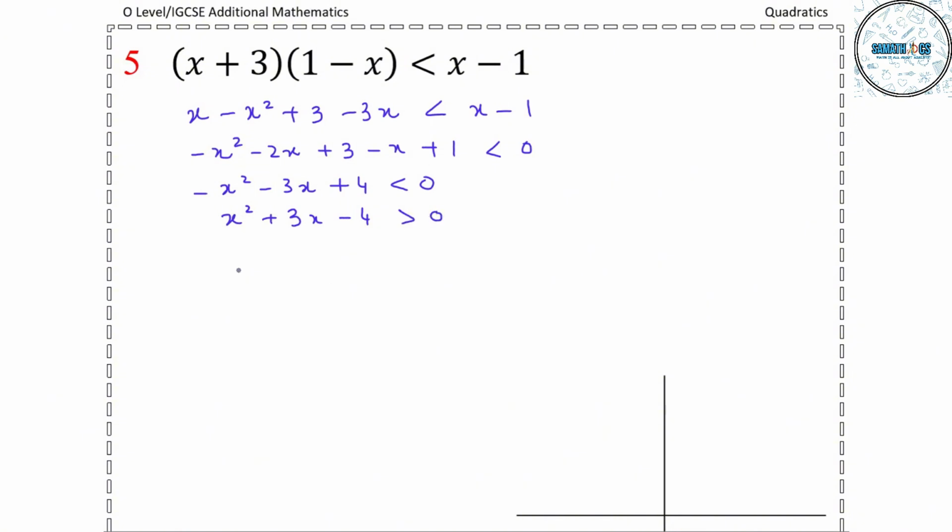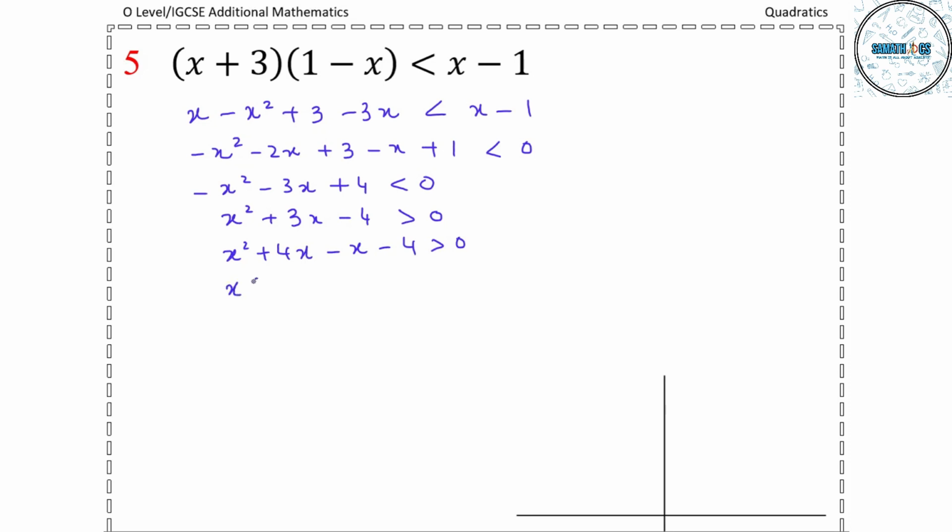Now we will do factorization. Here it's easy to do factorization because we have minus 4 here, and the factors of 4 are 4 and 1, which we will subtract. We will get the result as 3. As we have a positive sign here, the greater number will have a positive sign and the smaller number will have a negative sign.